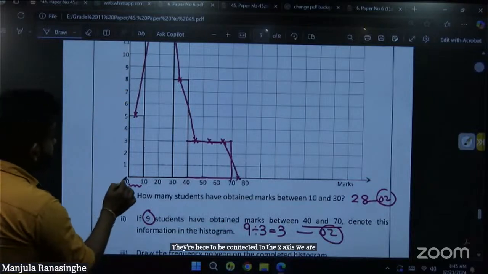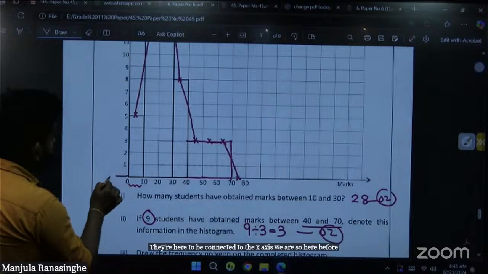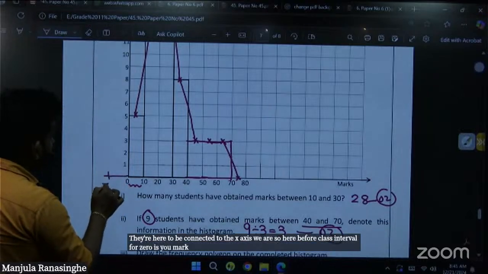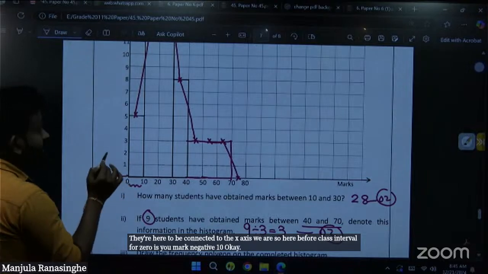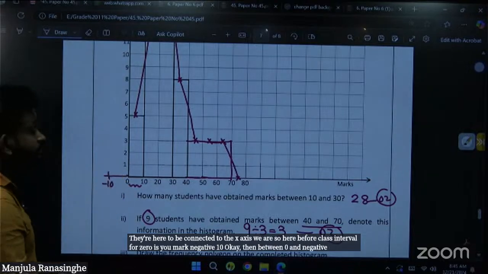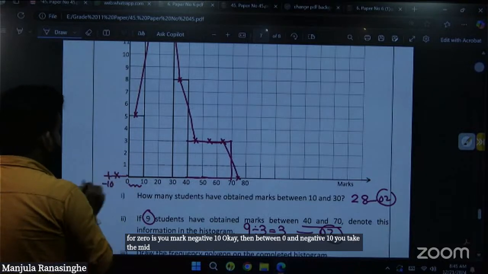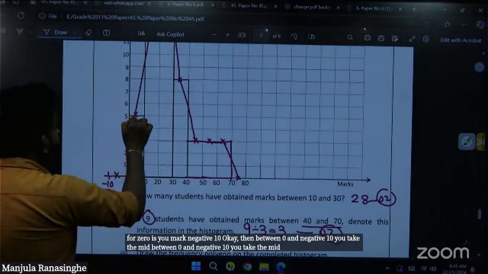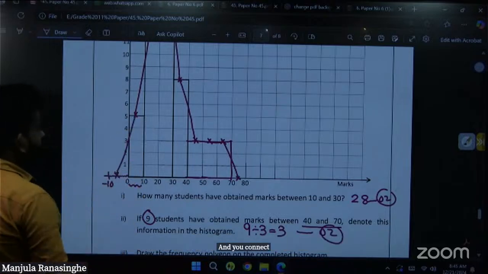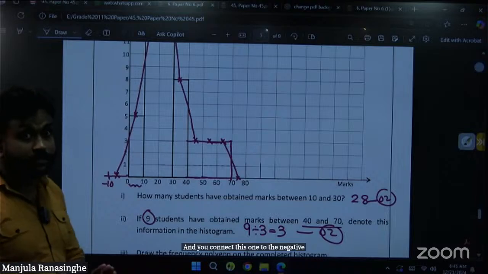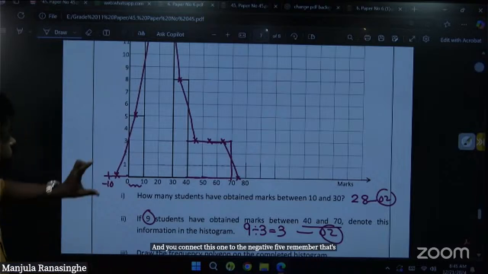Here, before the class interval for 0, you mark -10. Then between 0 and -10 you take the midpoint, and you connect this one to -5. Remember, that's the correct way of doing it.